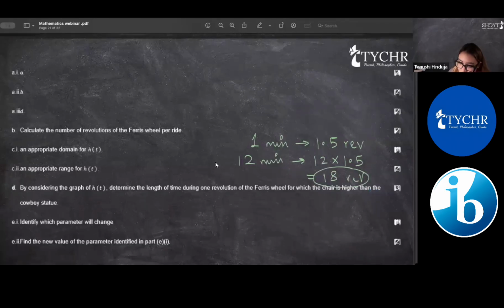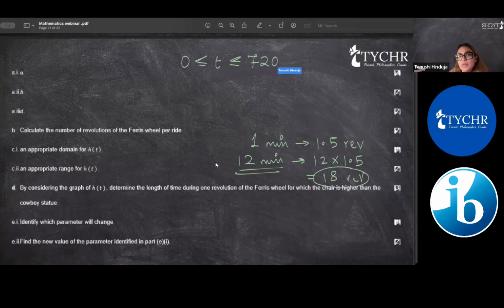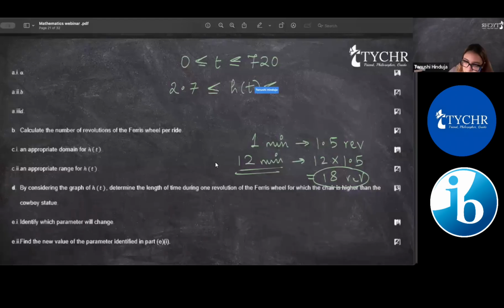That is 12 minutes. So if it's happening for 12 minutes, I would want the t value to lie between 0 and 720. That would be 360 times 2. And the appropriate range would, of course, be from 2.7 to the maximum and minimum that we already had, 64.5.